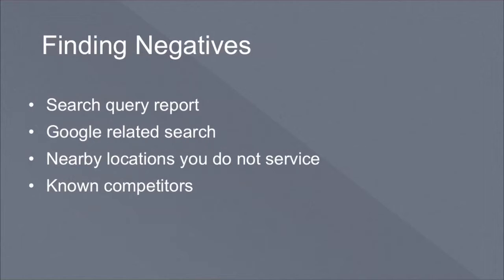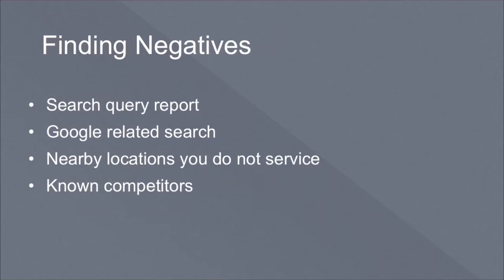If you already have a campaign, then a search query report is a great place to start. If you haven't, or even as well anyway, look at related searches in Google. Do some searches, look at the related search terms, look for anything you can see there that you wouldn't want your ads to show for.